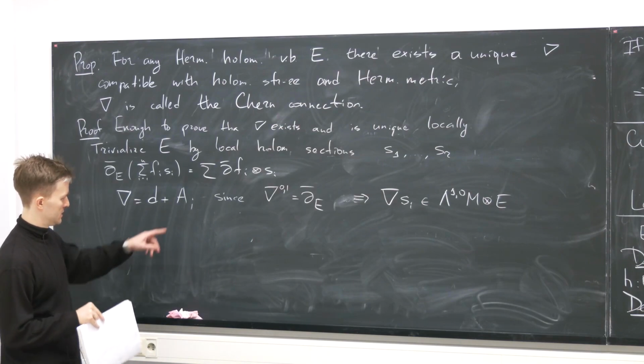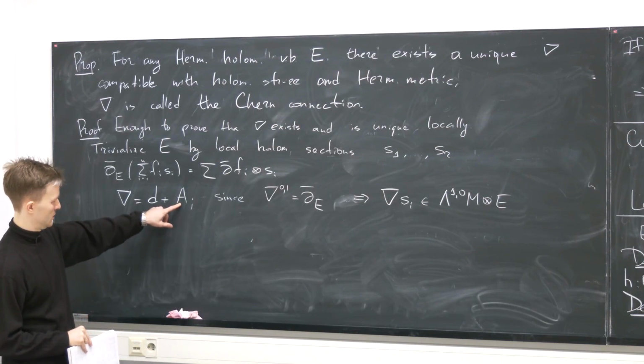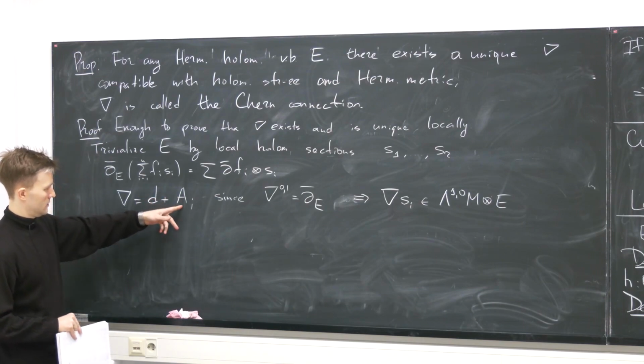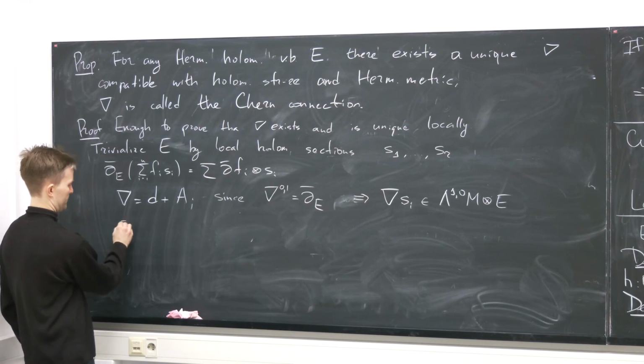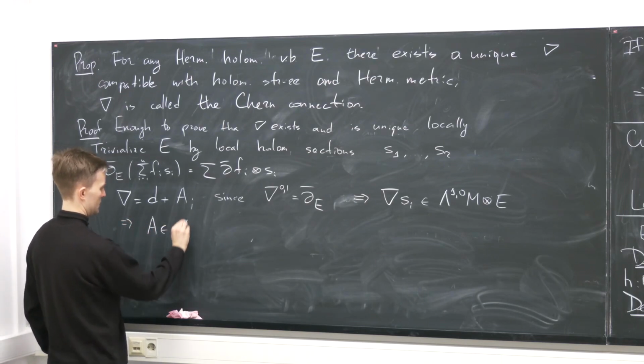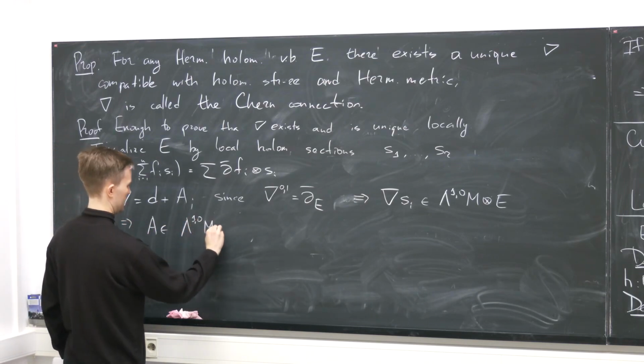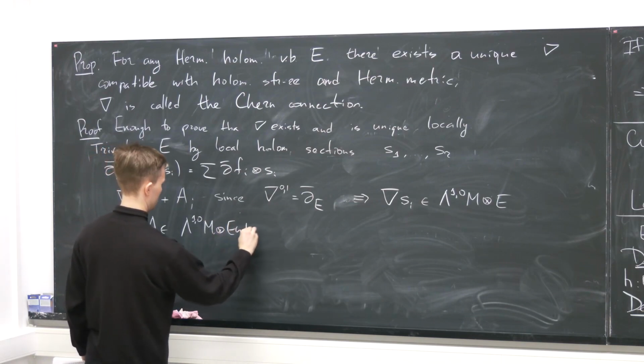This means that this matrix consists of 1,0 forms. So A is in lambda 1,0 tensor endomorphisms of E.